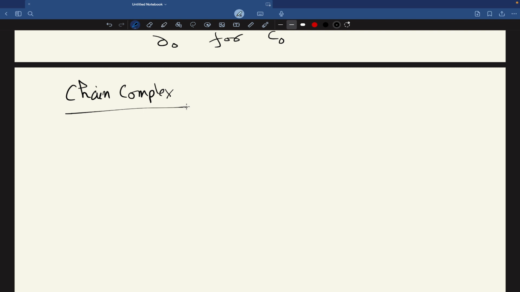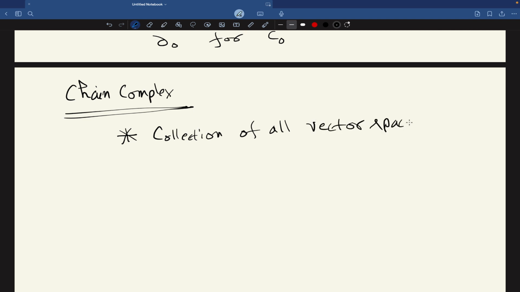Basically, in a chain complex we take all the possible vector spaces over our complex K. So it is a collection of all vector spaces on complex K. And also we have linear maps, which come from the boundary operator.